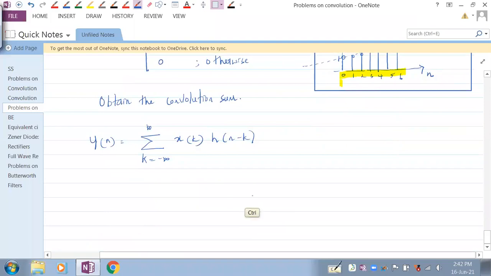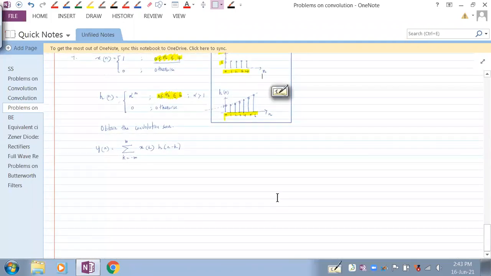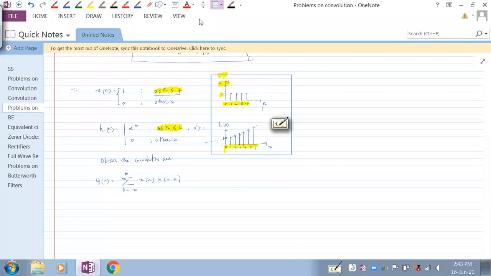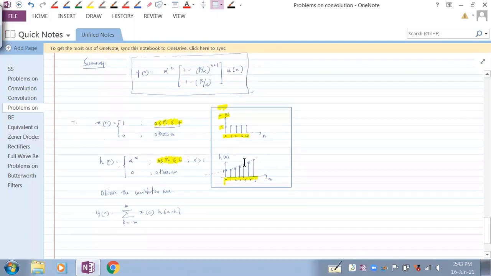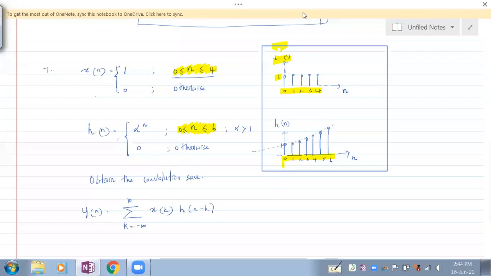Now everybody see here, x of k means it is just replacing n by k. After having sketched x of n and h of n, now let's understand how to sketch x of k. X of k is this only, just replace n by k. But getting h of n minus k is challenging.